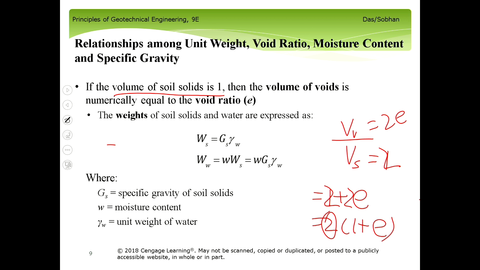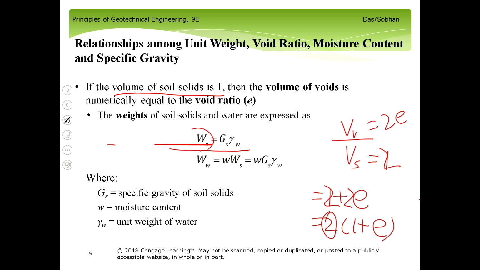We say illite is 2.8. That means for the same volume, the weight of illite is 2.8 times the unit weight of water, right? So this is why we have this equation. So you can use specific gravity to calculate the solid weight of soil.